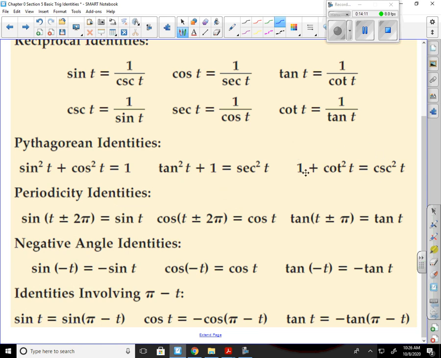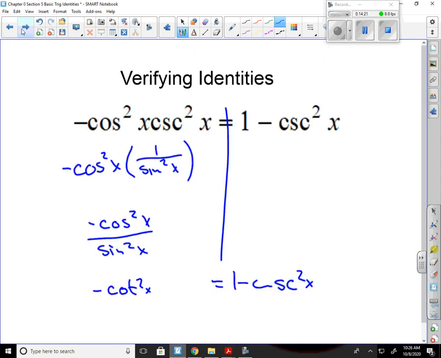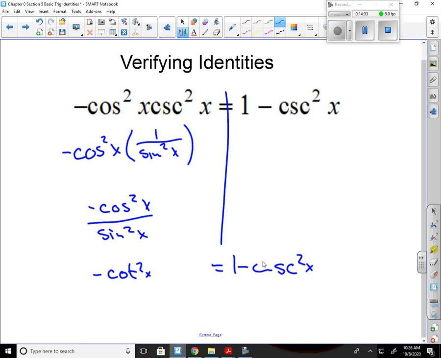So we have 1 plus the cotangent squared of t equals cosecant squared of t. That's not much help. The reason it's not going to help us so much is the fact that each of the Pythagorean identities can be expanded.